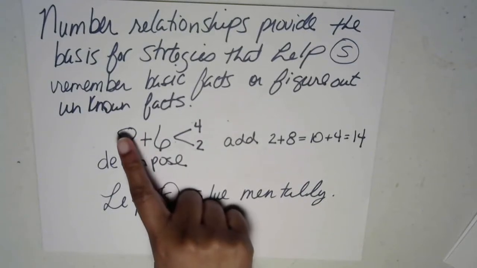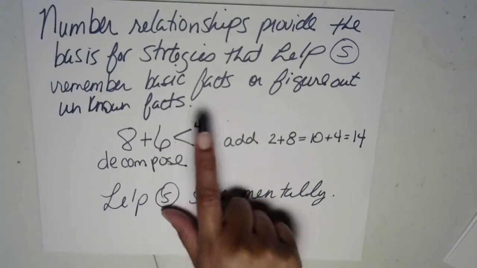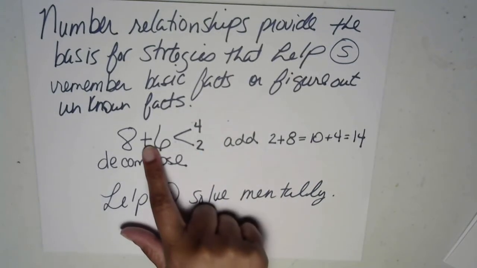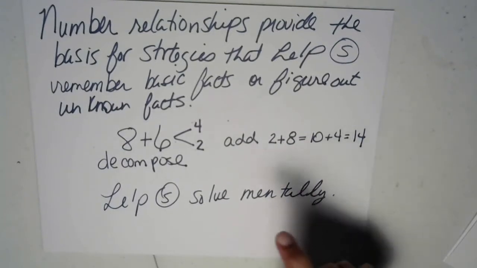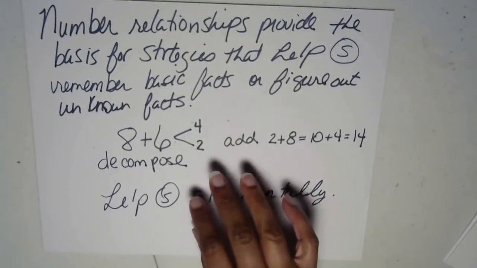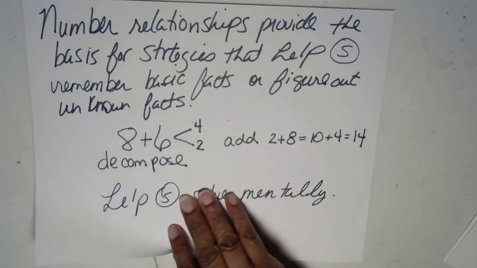What I'm trying to do is build a 10 with the bigger number. So if I take 6 and break it into 4 and 2, then I can take the 2, put it on the 8, come up with 10, and then add the 4 back. When I'm able to build 10s like this and I understand the relationship between numbers, it helps students to be able to solve those problems mentally.